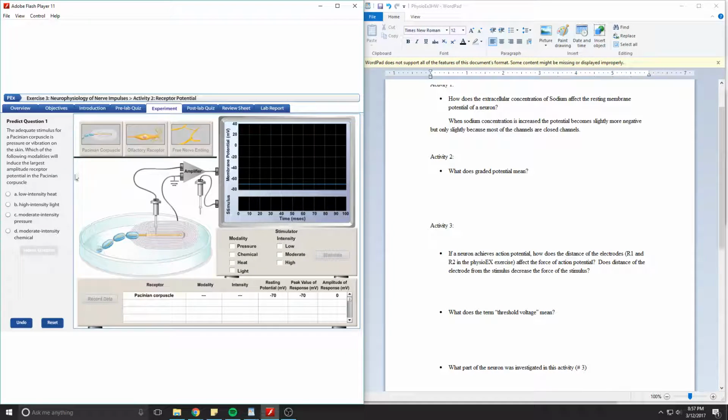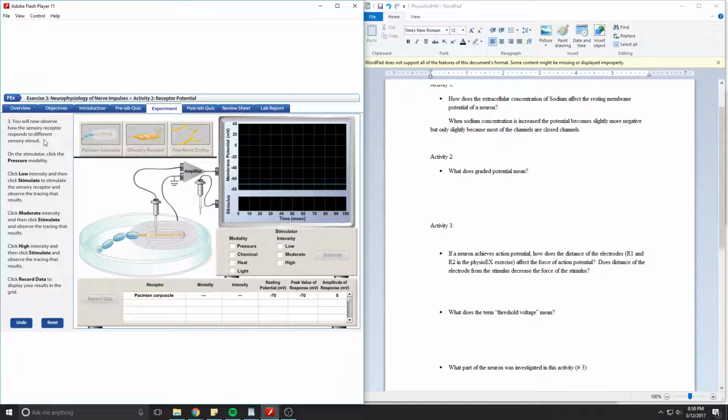I really don't even know what it's asking here. So, high intensity heat, moderate intensity pressure, moderate intensity chemical. I really don't know. So we're just gonna take a shot in the dark. We're gonna go with chemical.